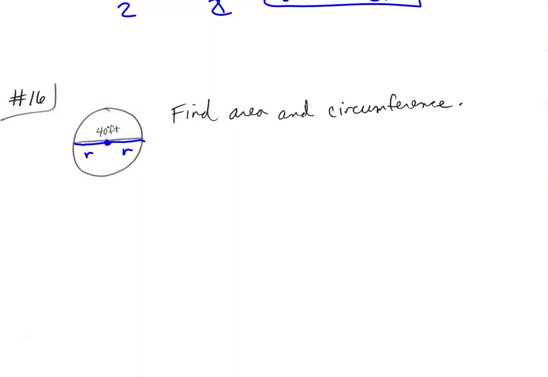Now we want to find the area and circumference, which means we're going to have to bring these formulas back to life here. The area of a circle is pi r squared, where r is radius. And the circumference of a circle actually has two different formula options.